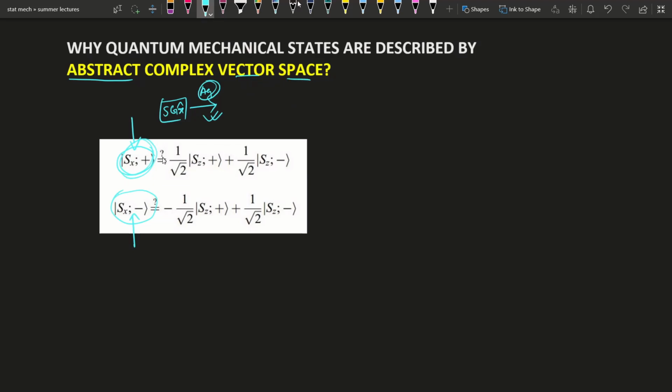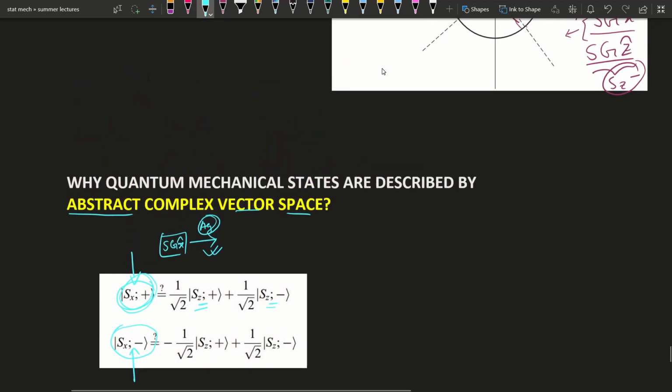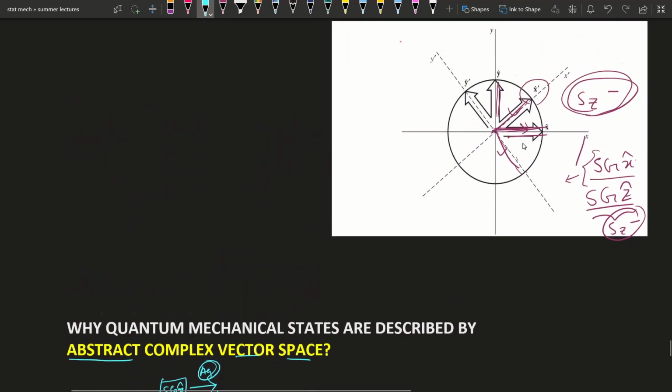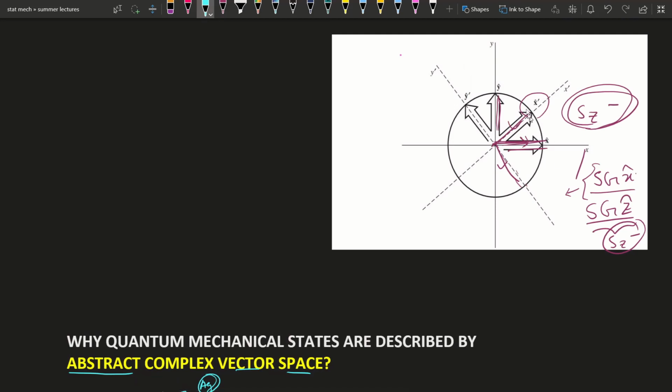Okay, now this can be thought of as a linear combination of the SZ plus and SZ minus, which I have discussed in the previous videos, like the polarization vector. The electric field vector can be composed of a linear combination of the Y component and X component, right?